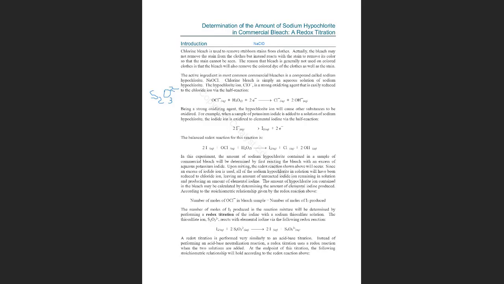So for the titration to determine the amount of hypochlorite, assuming we already standardized our titrant and know the concentration of thiosulfate, we use thiosulfate as our titrant and add it to our sample, as you will see when you read the procedure.